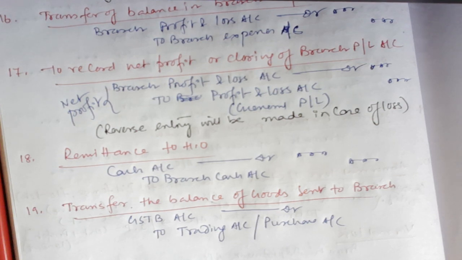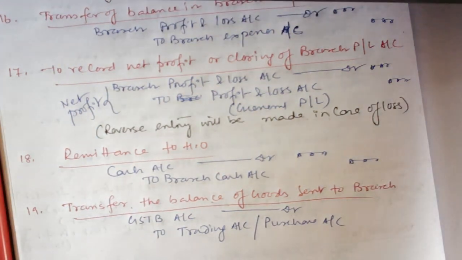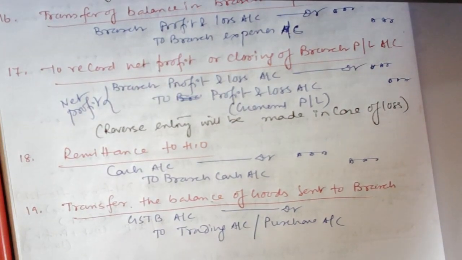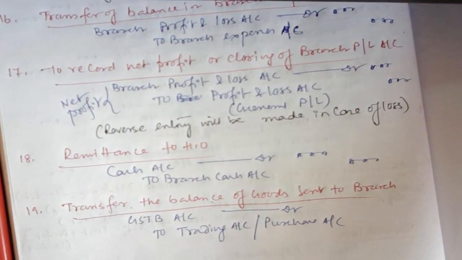Remember one more important thing: when we close the goods sent to the branch account, we make the entry GSTB account debit to trading or purchase account. Remember this, it's very important.